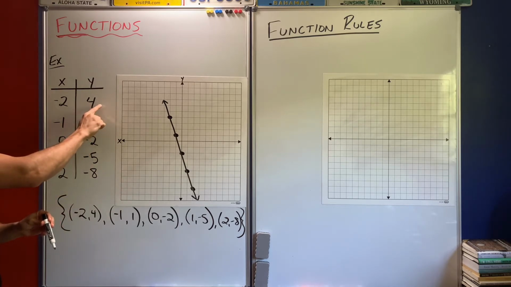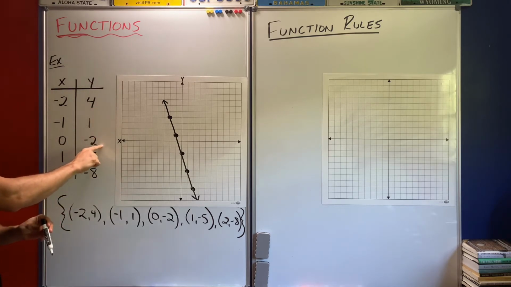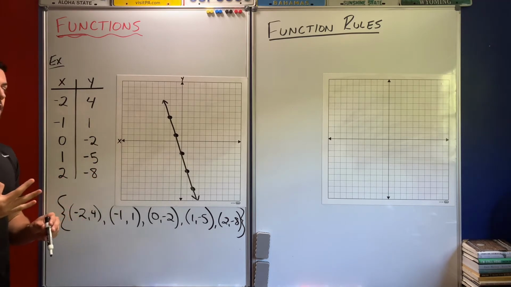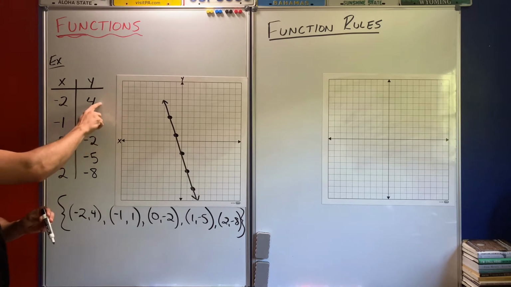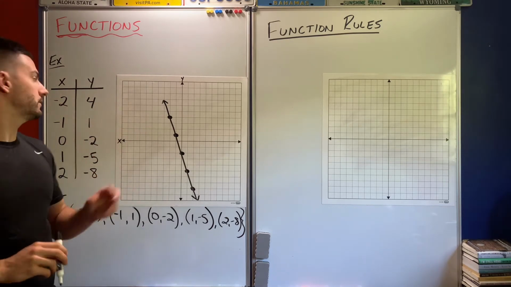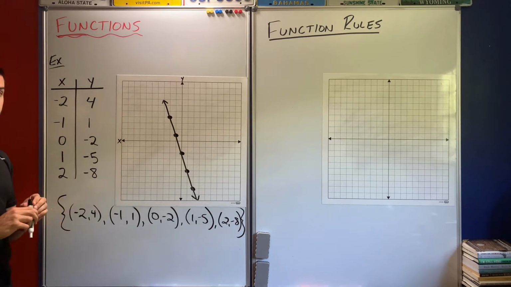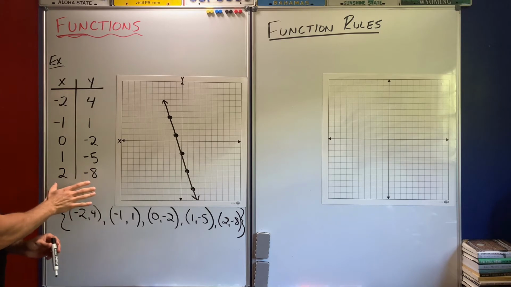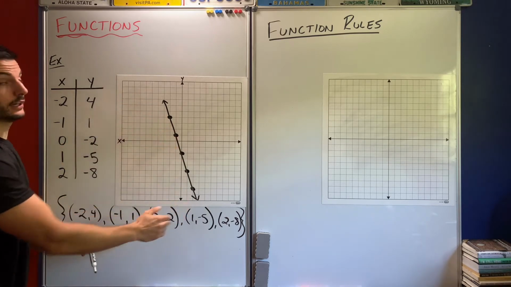It's consistent: 4, 1, -2, -5, -8. This is decreasing by 3 each time. If you subtract 3 each time, you get each number after that. That consistent change in the table is what makes that a straight line on the graph.